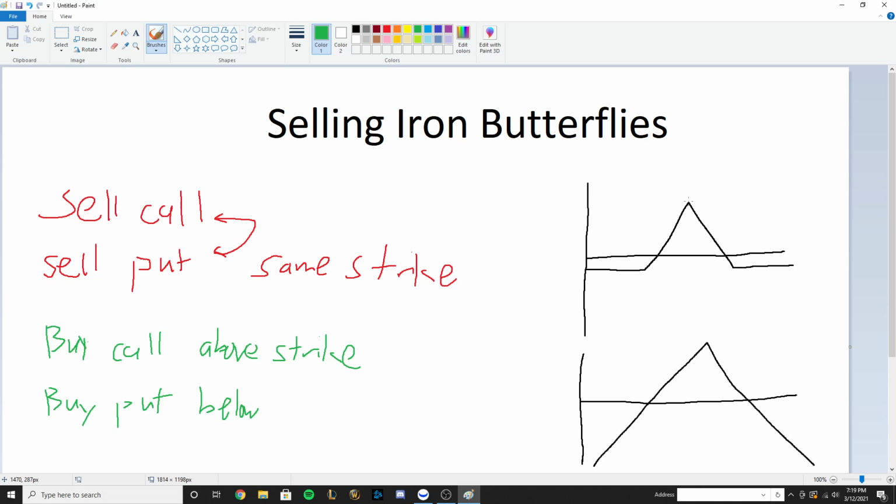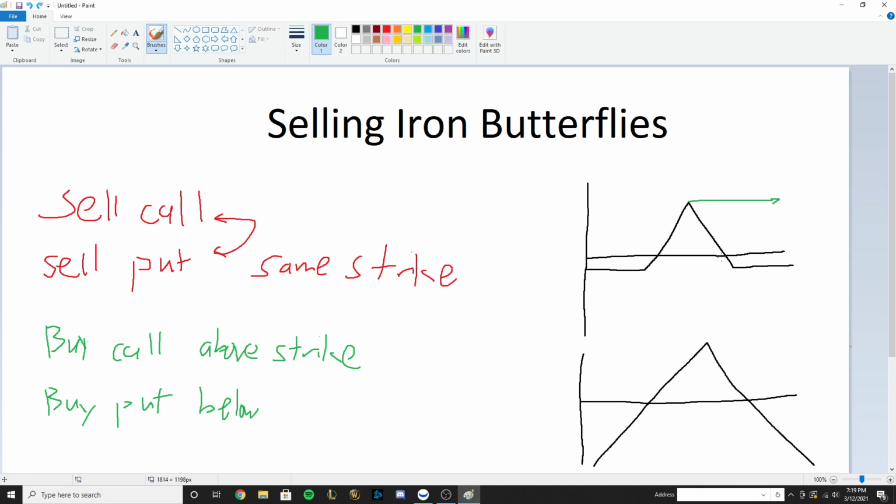price were to finish above the strike price. So as the price goes up, you're seeing the call that we bought gain value. So this value is going up. You're seeing the put that we bought lose value.